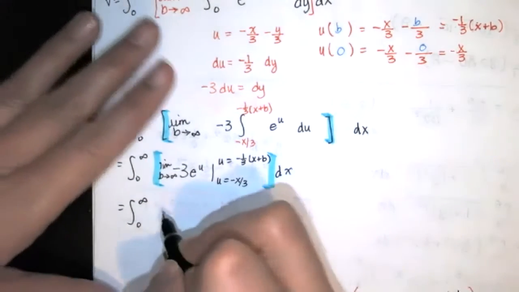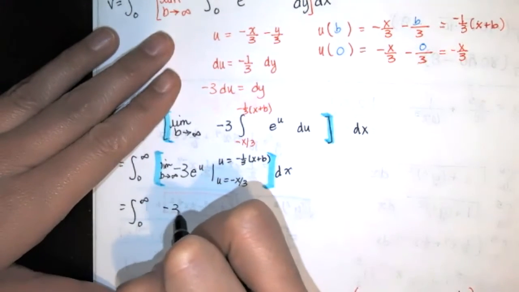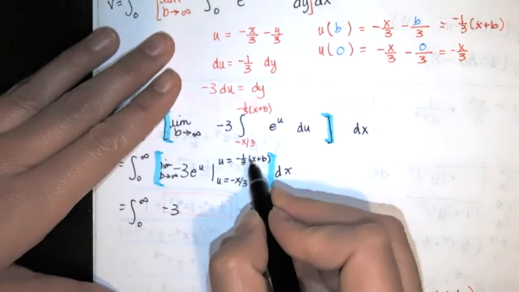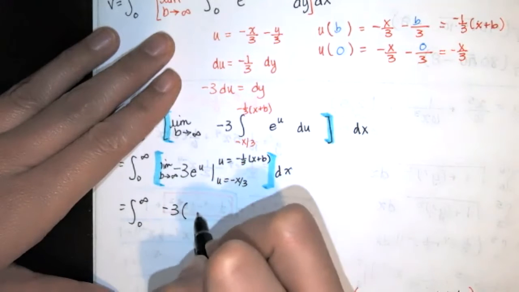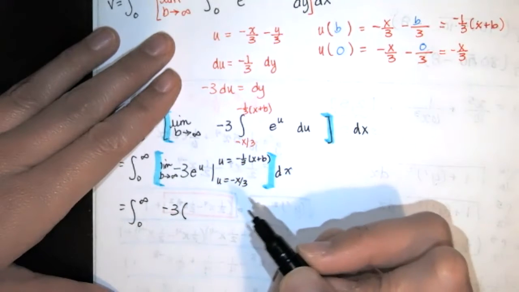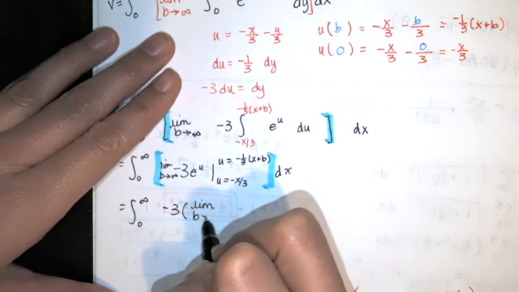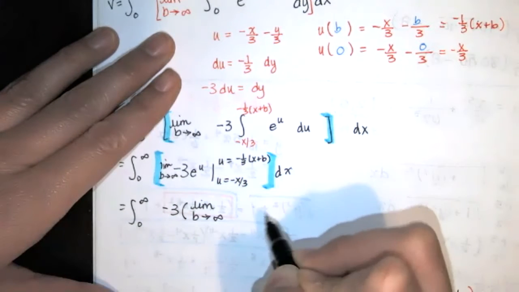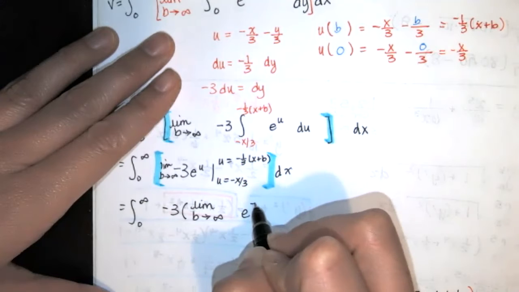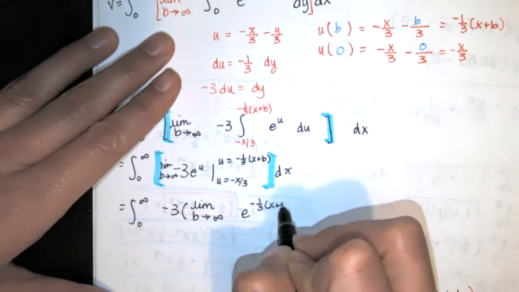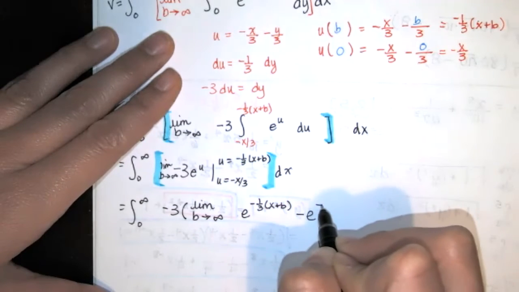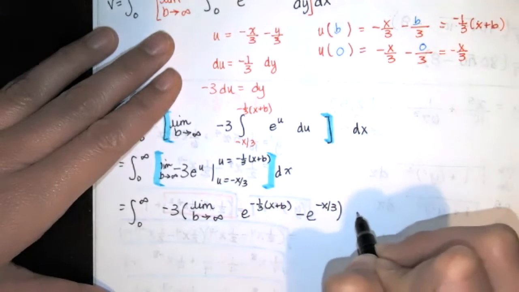When we evaluate this at this limit and subtract, we'll get this result. And I factored the -3 out because it's a constant. So we're going to have the limit as b goes to infinity of e to the -1/3 times x plus b, minus e to the negative x over 3.